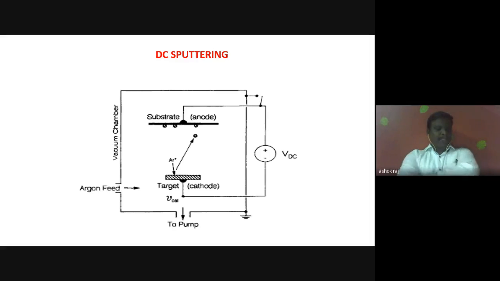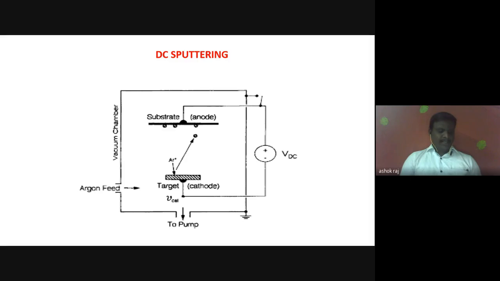So the gas breaks down to conduct electricity. This ionized gas or plasma is accelerated by a large electric field. When these ions impact the target, atoms or molecules are ejected from the surface into the plasma, where they are carried away and deposited on the substrate.